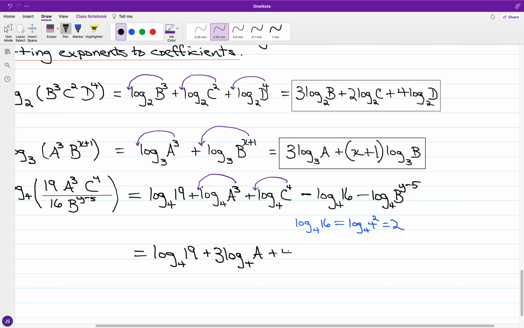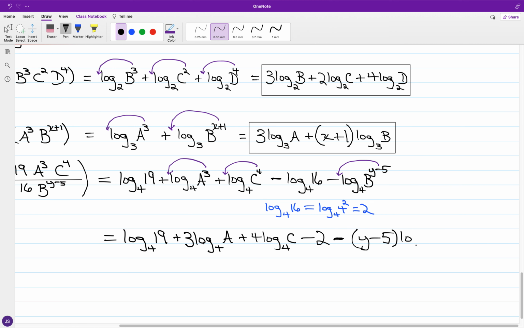Next term we have the subtraction of 2. And again, shifting y minus 5 from the exponential position to coefficient, so with subtraction involved, we'll be looking at all of y minus 5. It's going to be in parentheses, since that is going to be multiplying the base 4 logarithm of b.